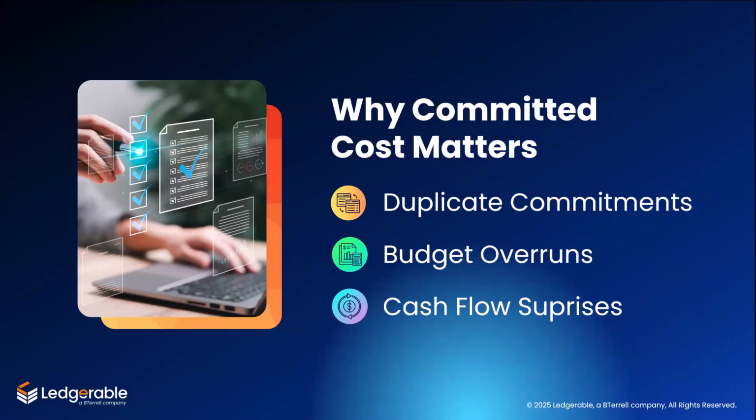The cash flow forecast shows plenty of room until these invoices hit all at once, catching you by surprise. These mistakes aren't just inconvenient. They can derail entire projects and erode trust with vendors, lenders, and your own team.